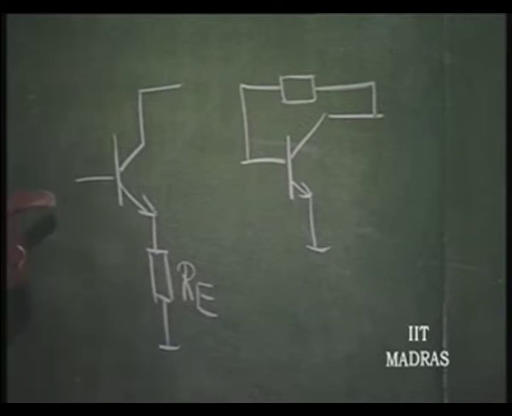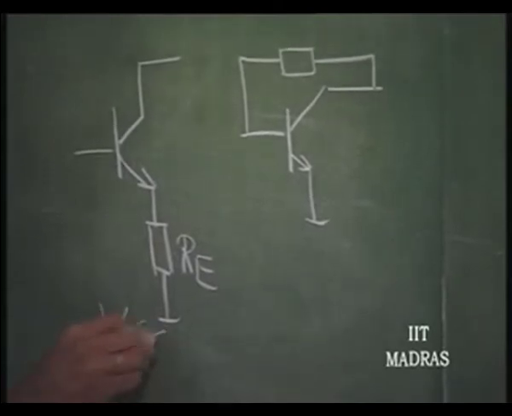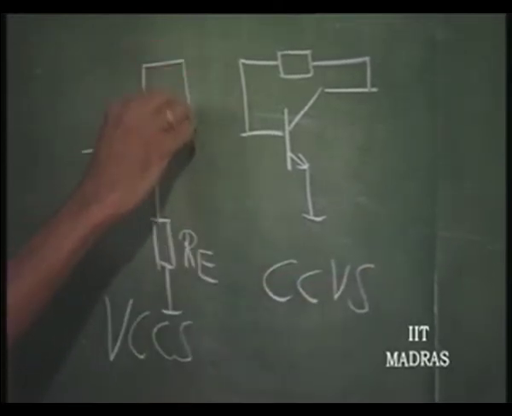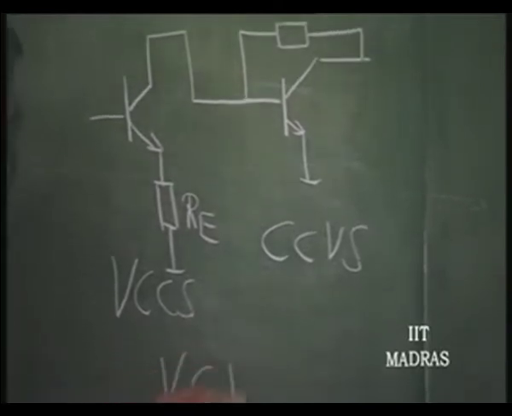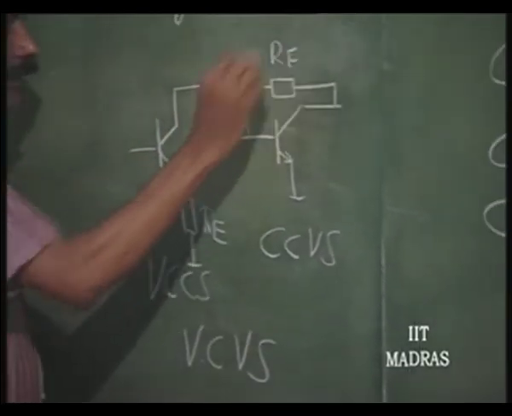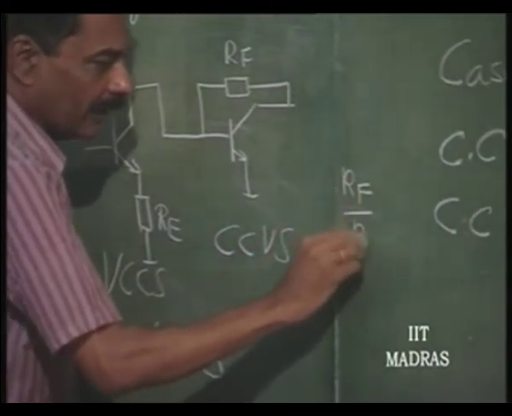This is a voltage controlled current source, and this is a current controlled voltage source. By connecting this like this, it becomes a wideband voltage controlled voltage source. This also has been discussed earlier, and the gain of this is RF divided by RE.